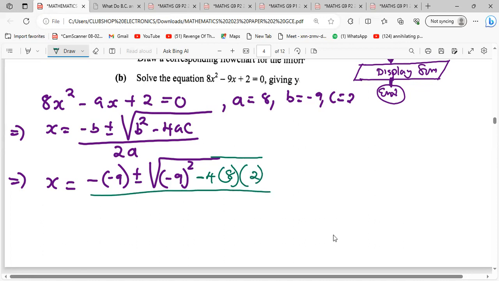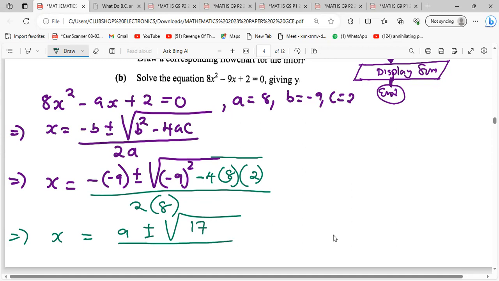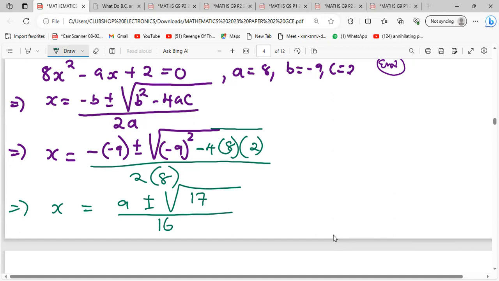Everything here we divide by 2 times our a is 8. Okay, so x is equal to 9 plus or minus the square root of, when you work out what is under the root, you're going to get 17. Everything divided by what? 16.